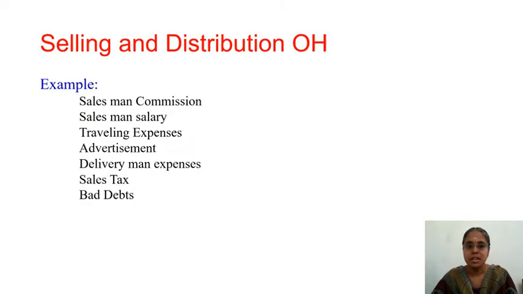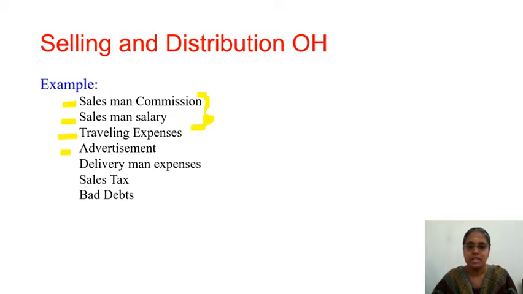Similarly, for selling and distribution overheads: salesman commission and salary are indirect labor, or selling and distribution overhead, and occur in the selling and distribution function.